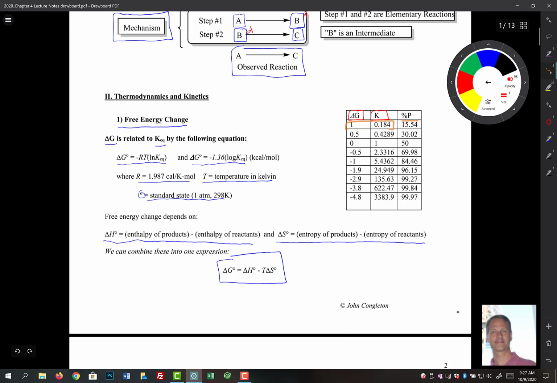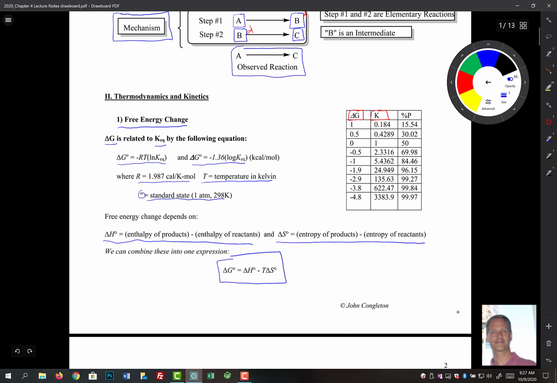That gives us about 15.54% products there. So as we go down to 0.5 here, you get about 30. Right, 0 takes you to 50. Right, and so on and so forth. But I want to show you right around this number here, right around 3, we get about 99%.